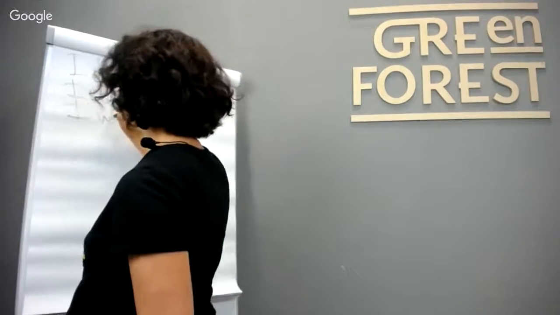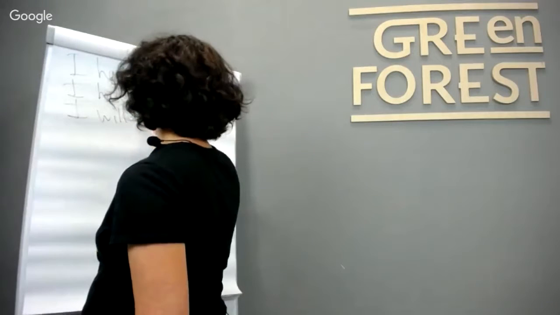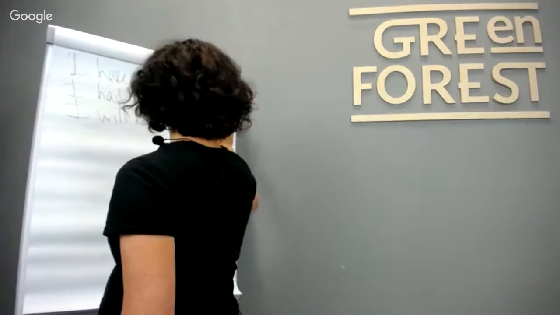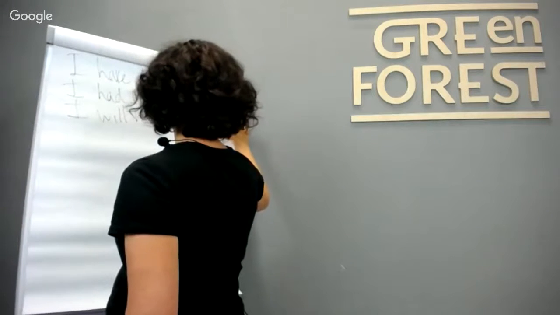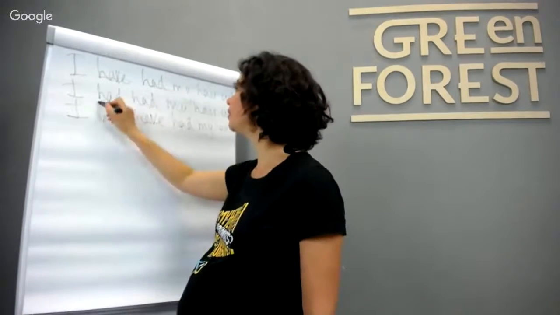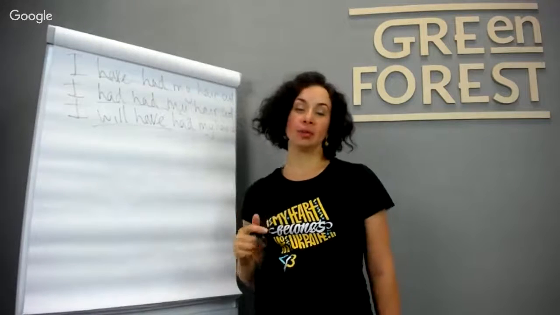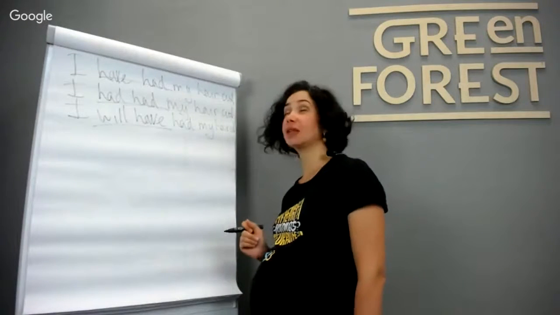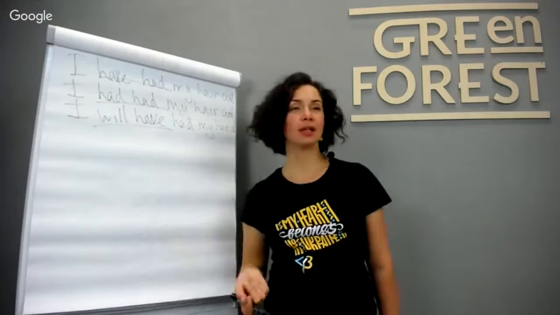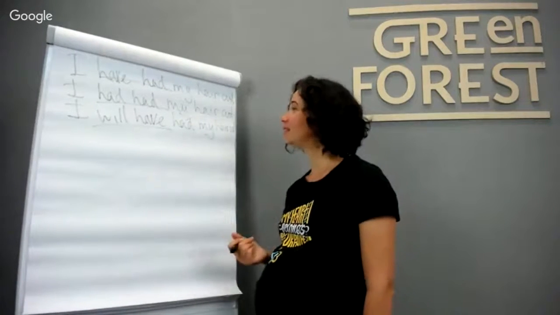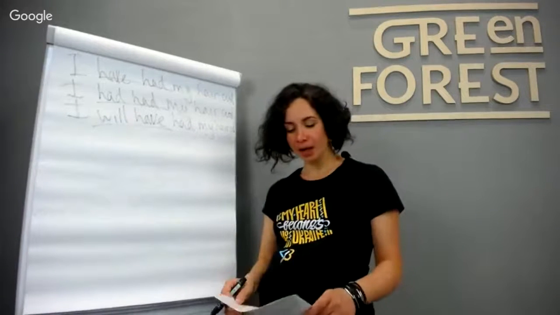And future, I will have had my haircut. Again, nothing changes, only our have changes in tenses. I have to warn you that get is not used in perfect tenses because it can be confused with the construction have got, like I've got a dog. And that's why we will not use it.